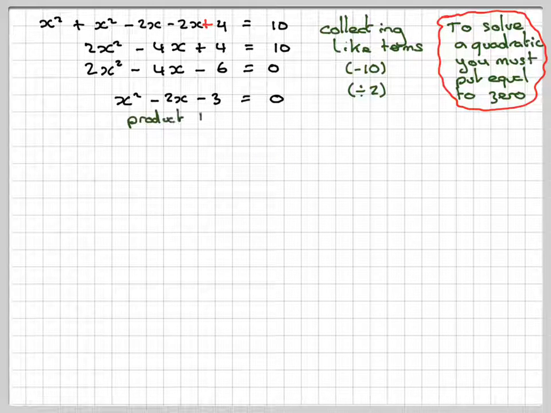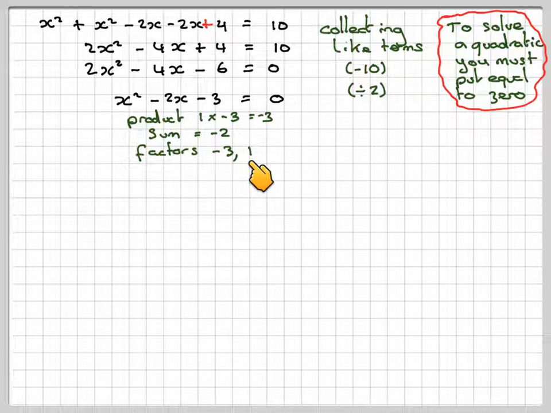This one does actually factorize, so we'll just do the product idea, or you can use inspection. The product will be 1 times minus 3, which gives you minus 3. The sum will be minus 2, the number in the middle. We want two numbers whose product is minus 3, so we can have 1 and minus 3, or 3 and minus 1.